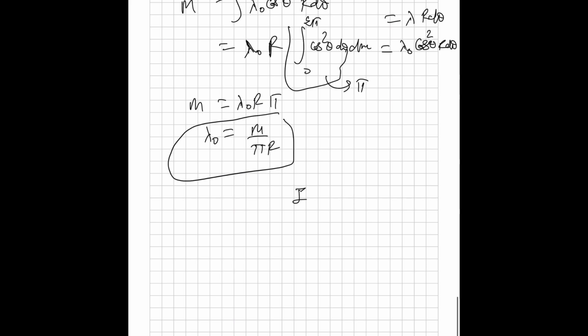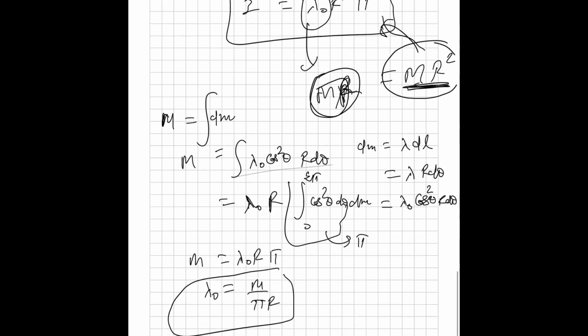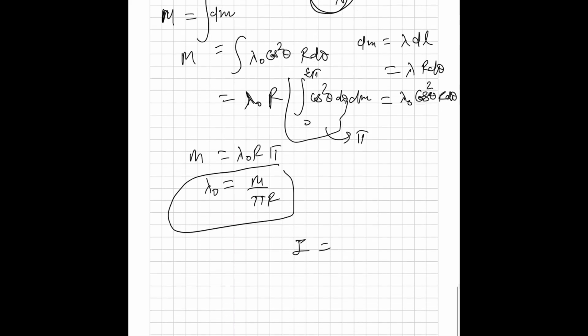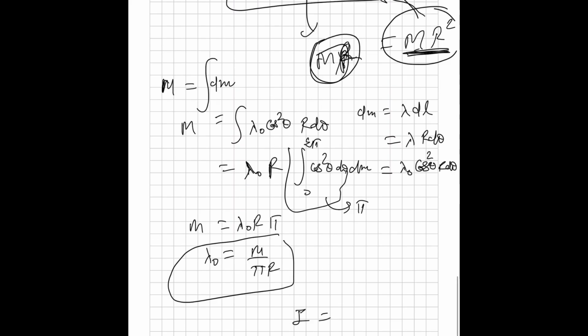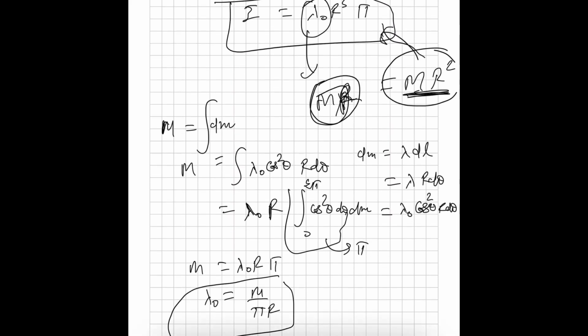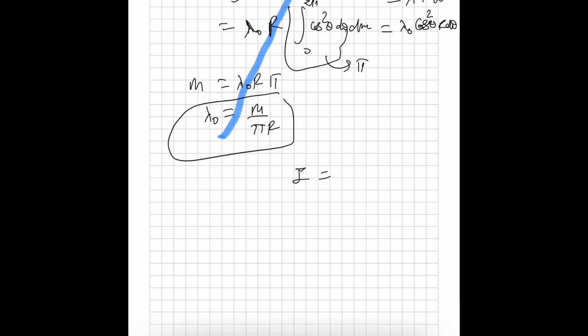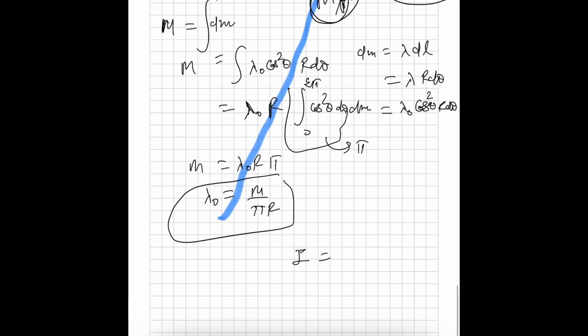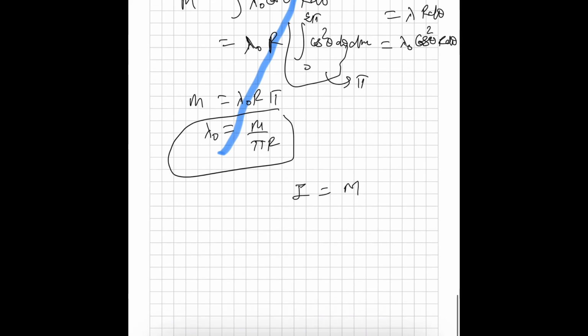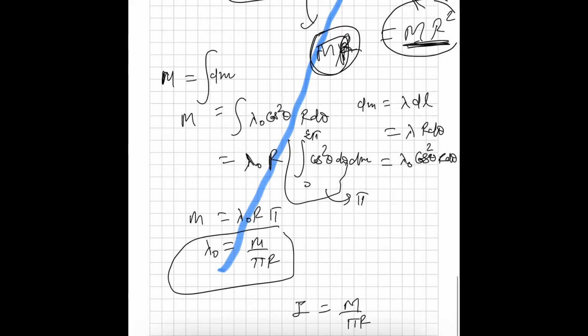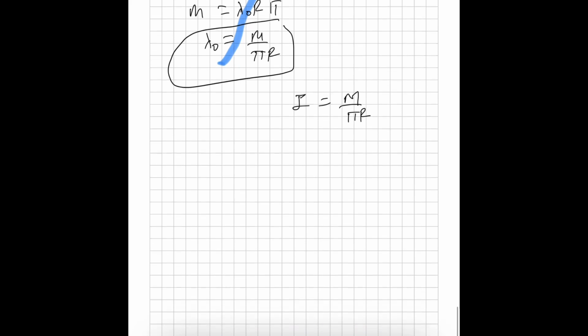Now I is equal to, putting this over here, I will become m by pi r, times r cube pi.